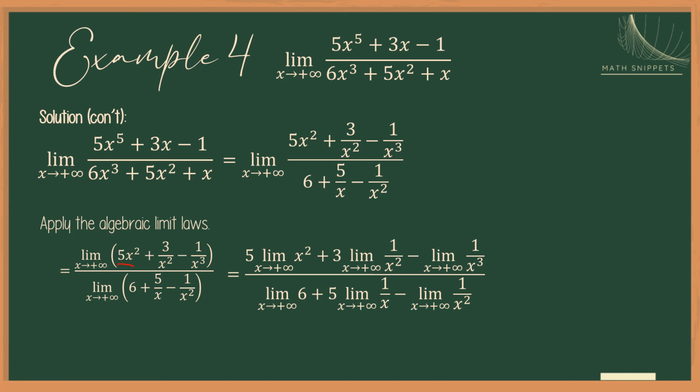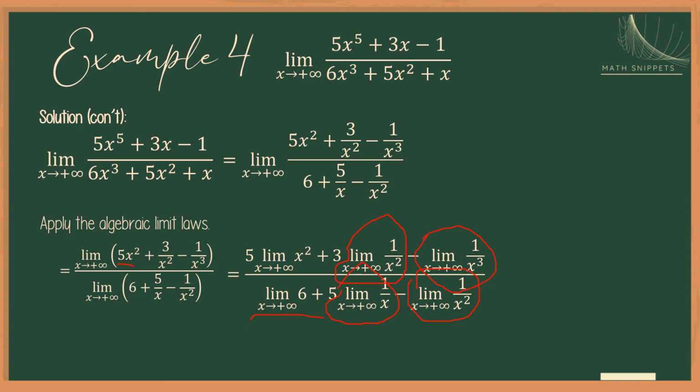Okay, so if you look at this, we know that the limit of this is 0, the limit of this is 0, the limit of this is 0, the limit of this is 0. This is a constant, so the limit of 6 is just 6.